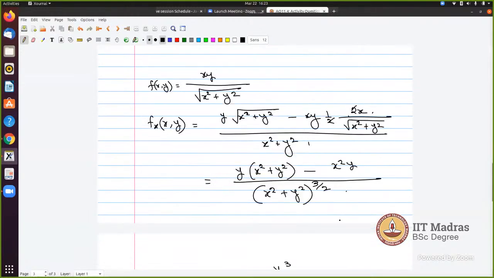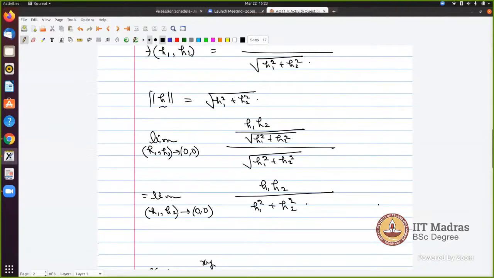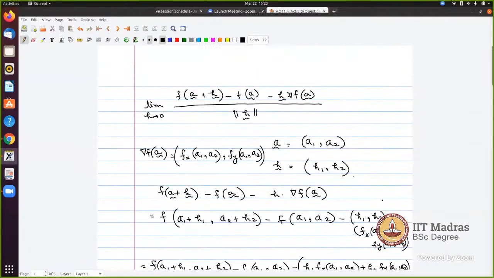Okay. So is this clear to everyone? What we have done, how we have to check the differentiability for a function?